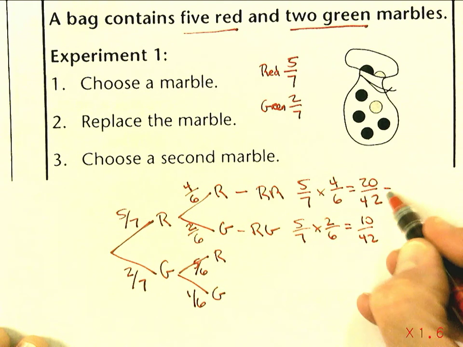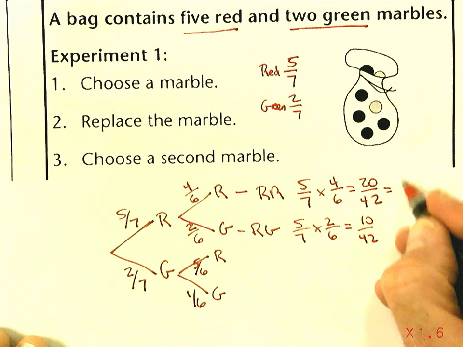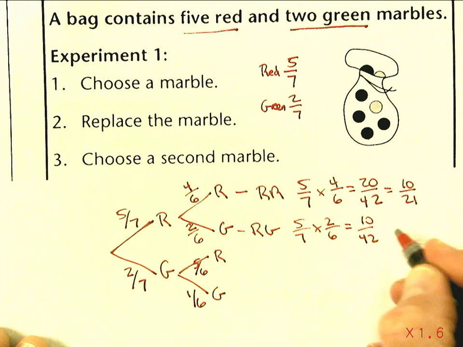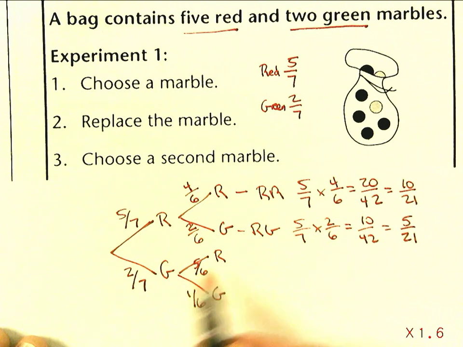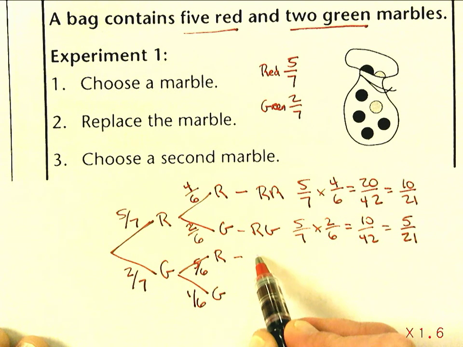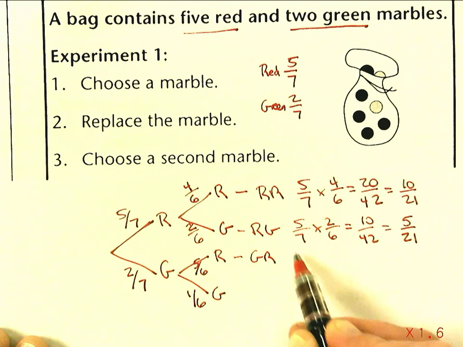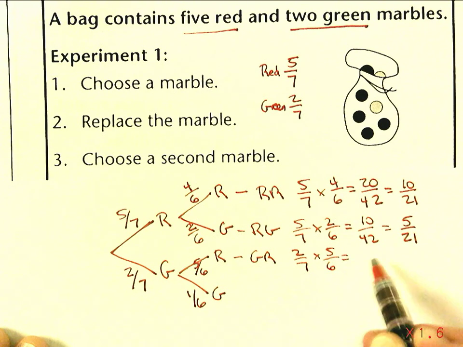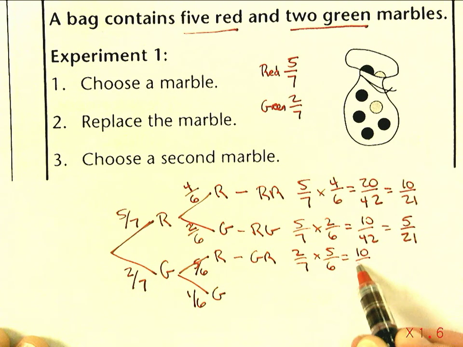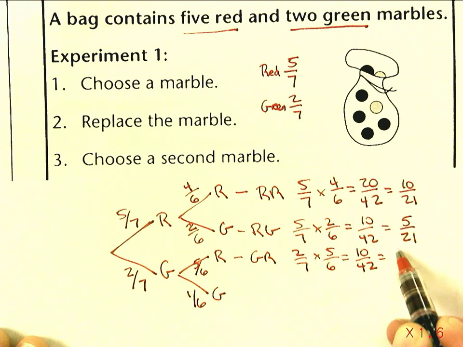And we could reduce all these fractions, by the way, so let's do that when we can. 10 over 21 and 5 over 21. And then green red, 2/7 times 5/6, or 10 out of 42, or 5 out of 21.